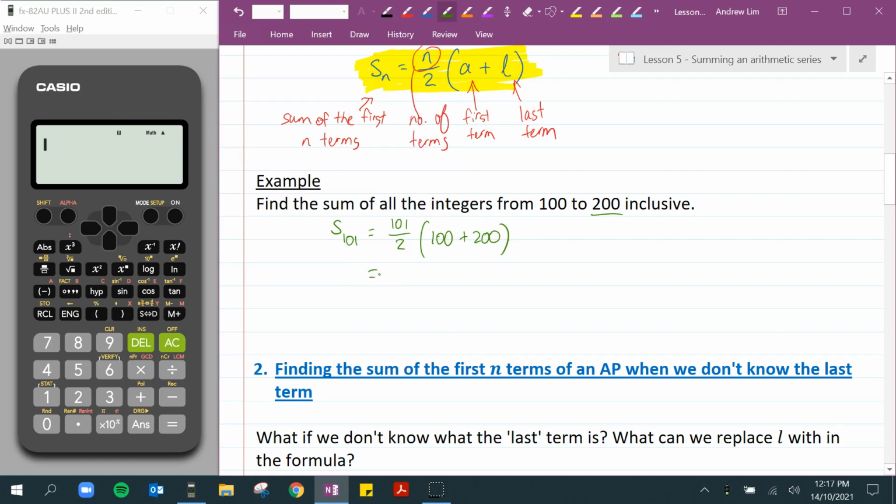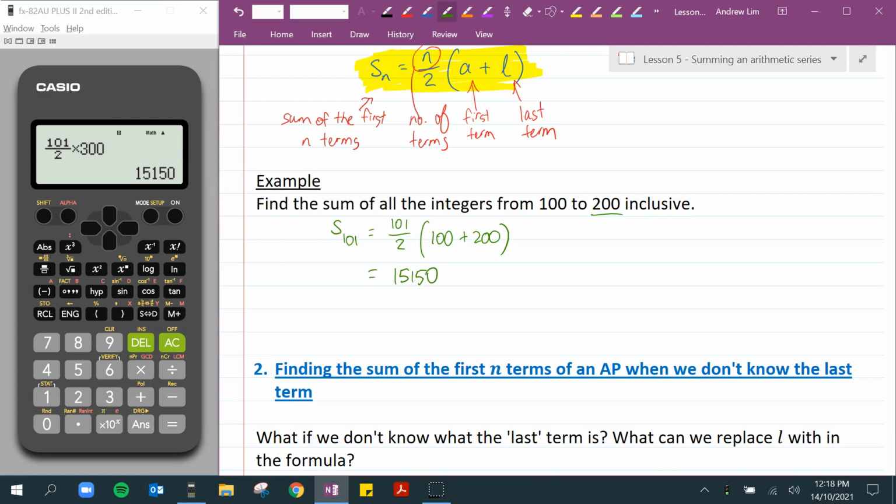Now we can just put that in our calculator. 101 over 2 times 100 plus 200, which is 300. That gives 15,150. So 100 plus 101 plus 102, all the way up to 200, is going to equal 15,150.